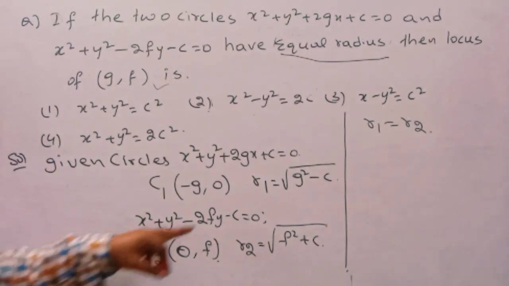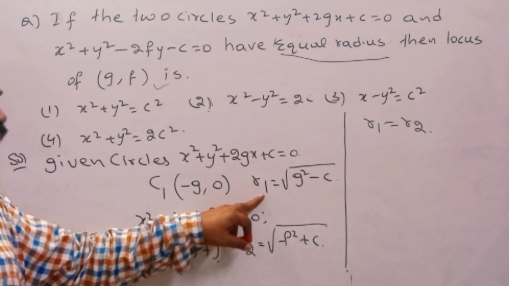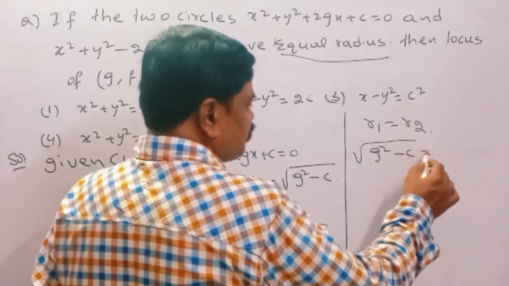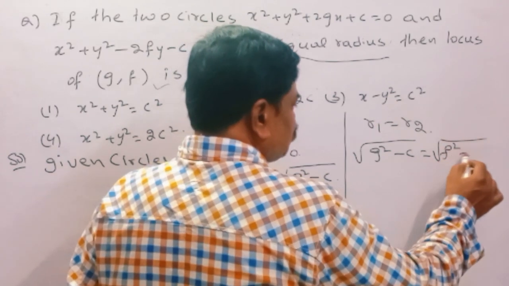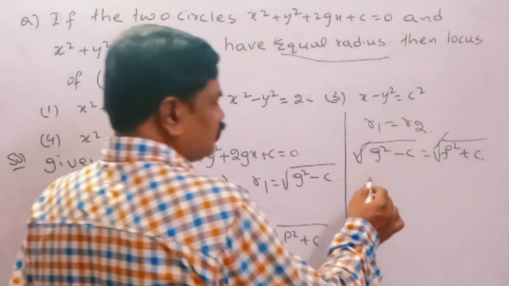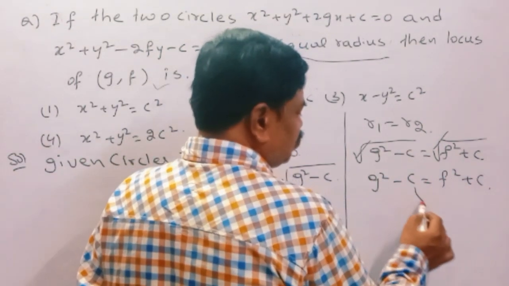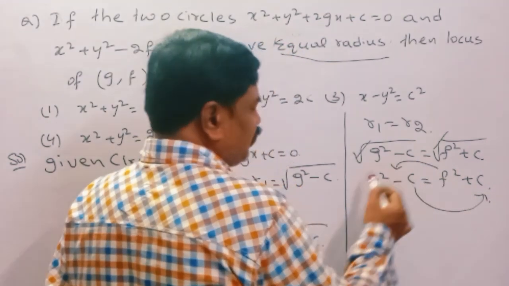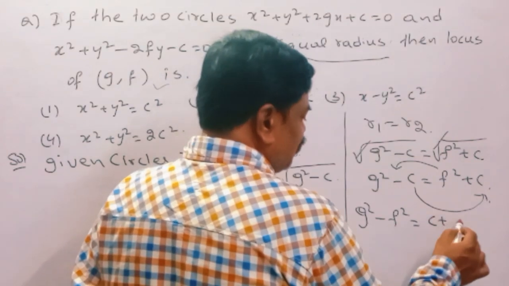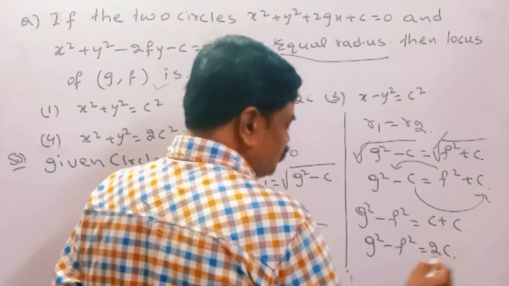Then root of g square minus c is equal to root of f square plus c. The roots cancel, so g square minus c is equal to f square plus c. Taking terms to one side, g square minus f square is equal to c plus c, so g square minus f square is equal to 2c.